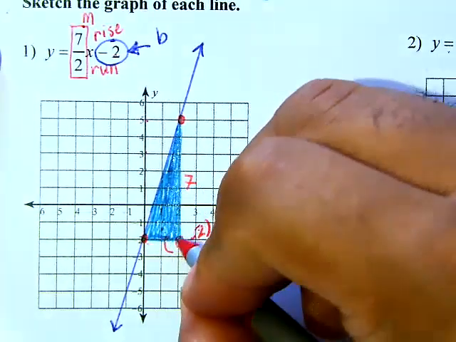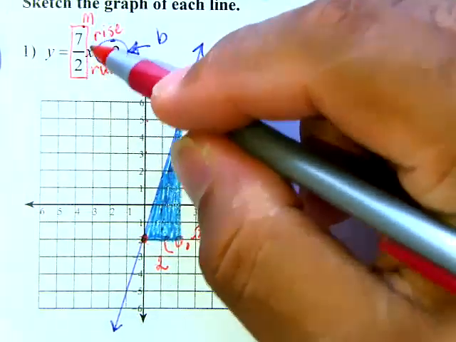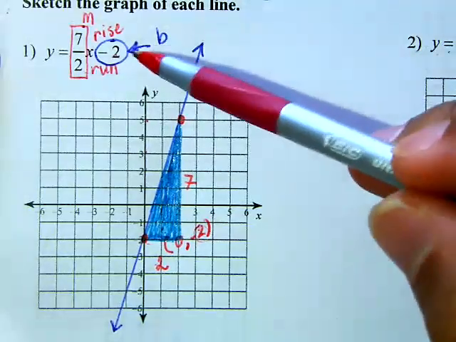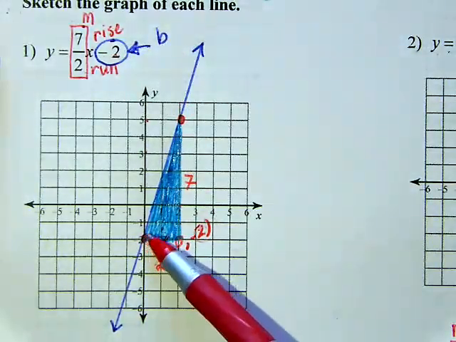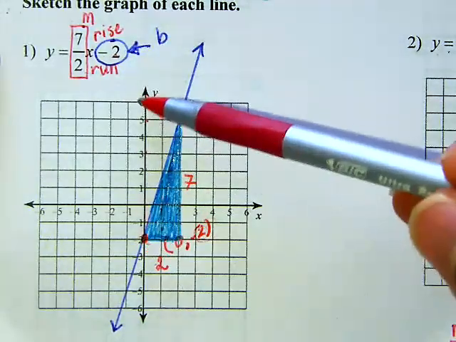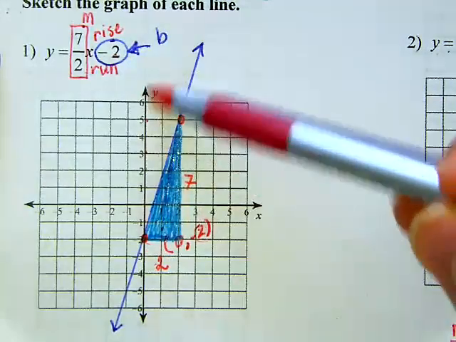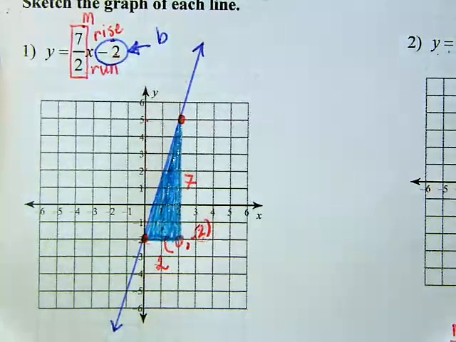And my run is 1, 2. That's where 7/2 comes from. And again, my b, my -2, is the point, my y value, where my line crosses over my y-axis. Y-intercept, y value, y-axis, they're all related.